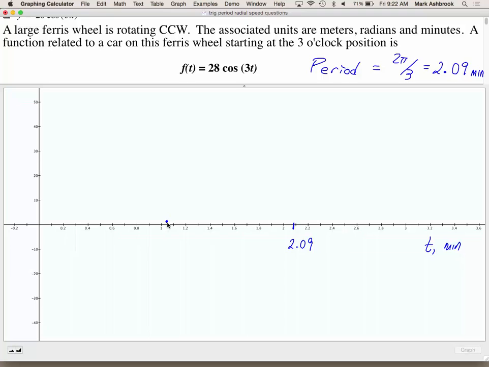So that would be right here. That's our halfway point. Then we can divide that by 2 again, or take 2.09 and divide by 4, and we'll get 0.52.